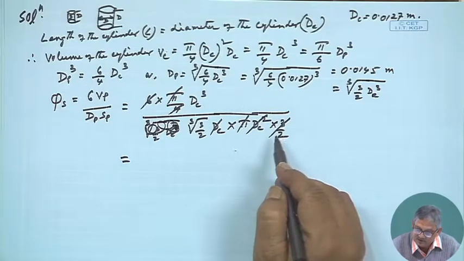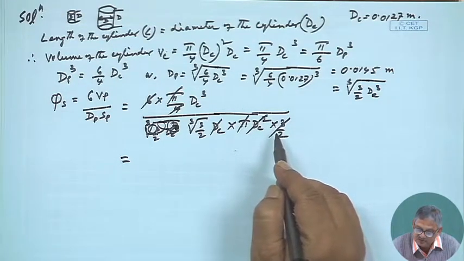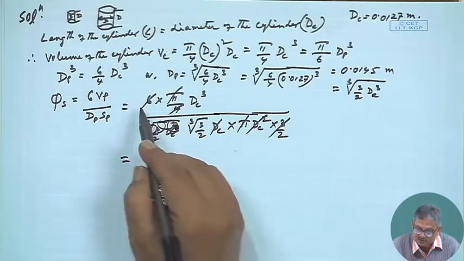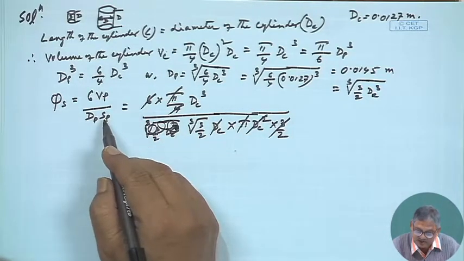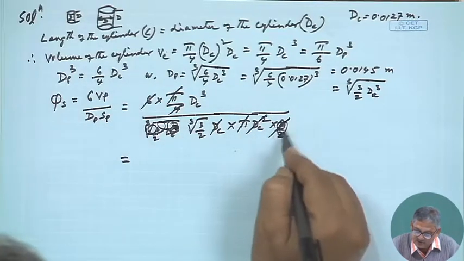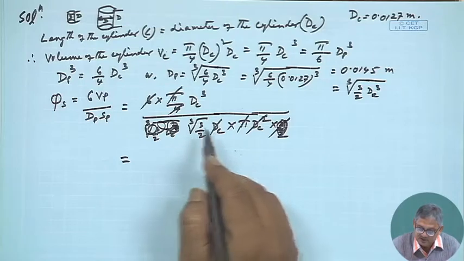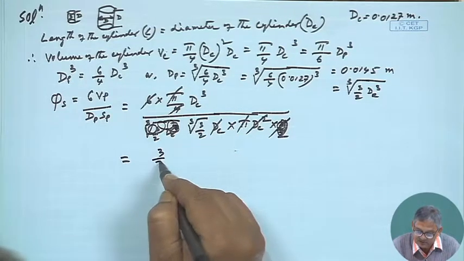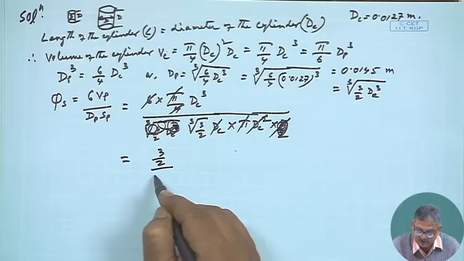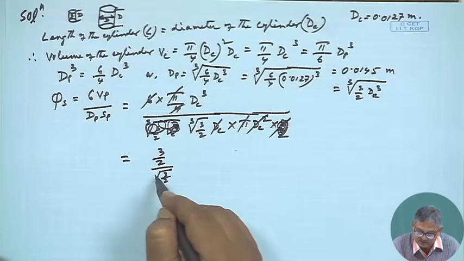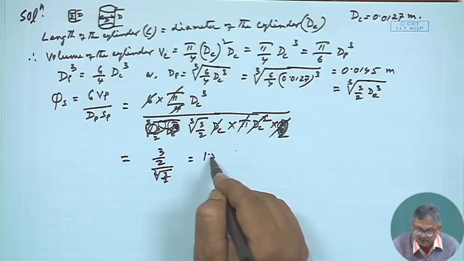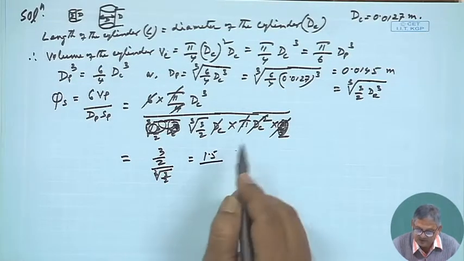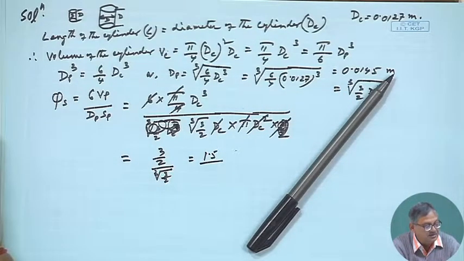So 3 by 2 may not be going out, because Sp is pi dc square, so where from does this 3 by 2 come? Then this dc cube goes out, then 3 by 2 divided by cube root of 3 by 2, so it is 1.5 divided by that, which came to be 1.14.